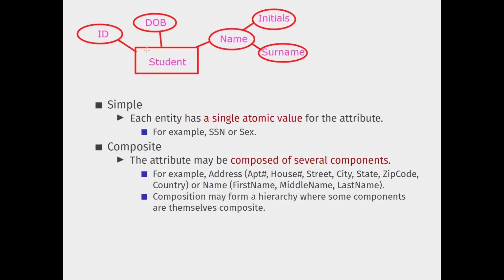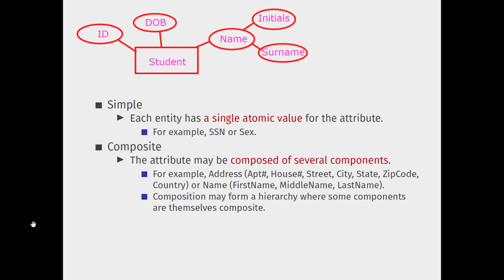So when you talk about entity types, you can find simple attributes and composite attributes. Similar to this, you can take something like address. We know in an address, we have a number, a street, a city, several components. So if an attribute has several components, we call it a composite attribute.